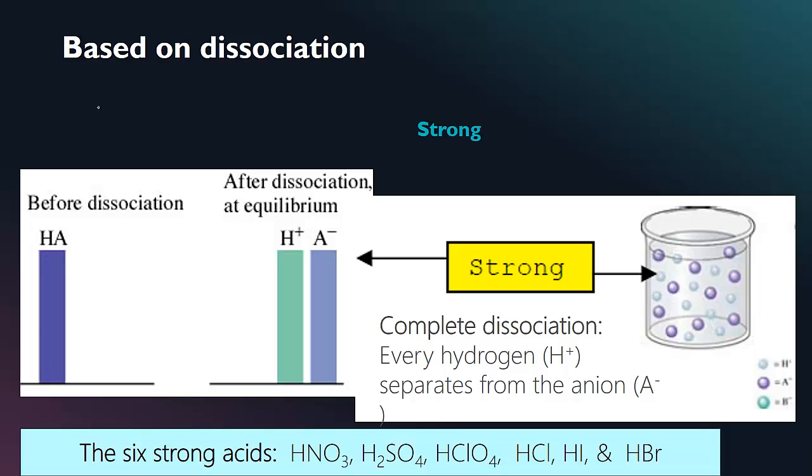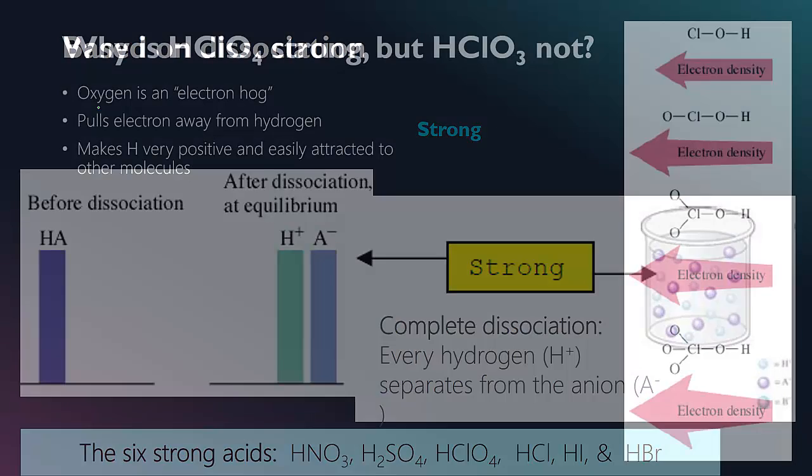When you place these in solution, every single one produces the maximum amount of hydrogen ions and anions. And therefore they are a strong conductor of electricity, so we label them as strong acids.